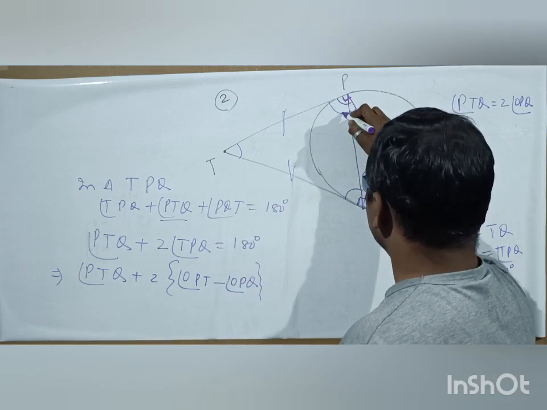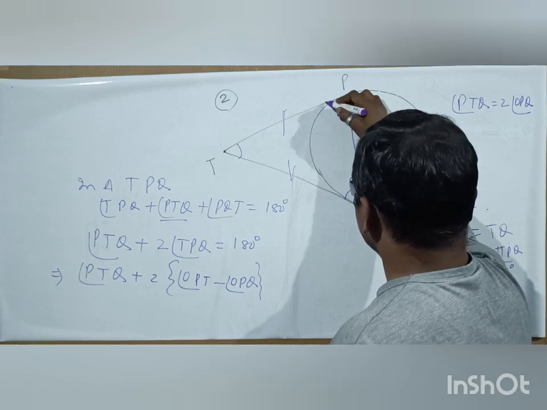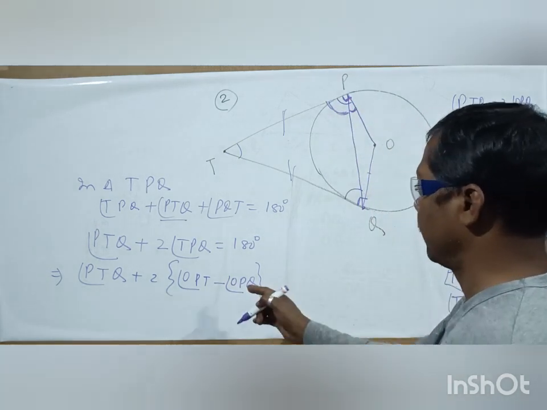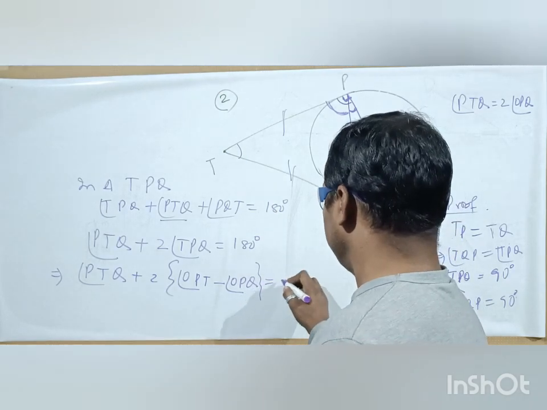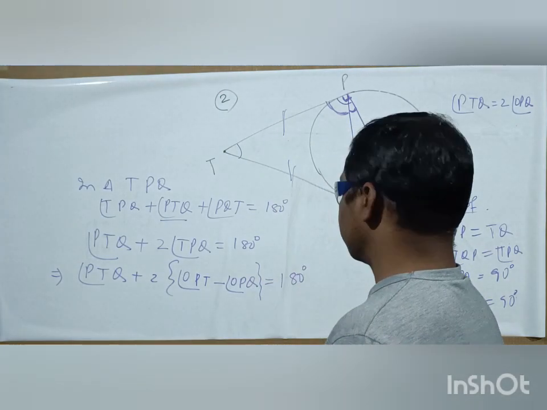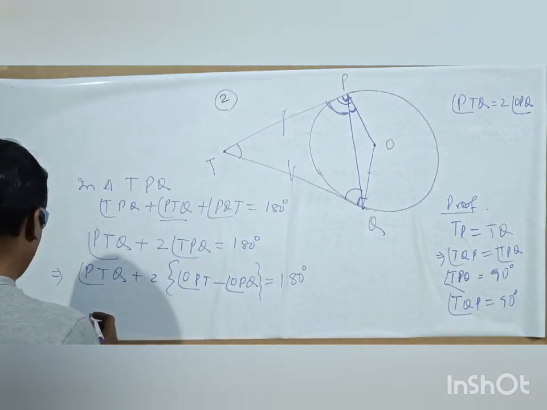For this angle, I am writing the right angle minus this angle. Since 2 is there, 2 is multiplied in this line also.